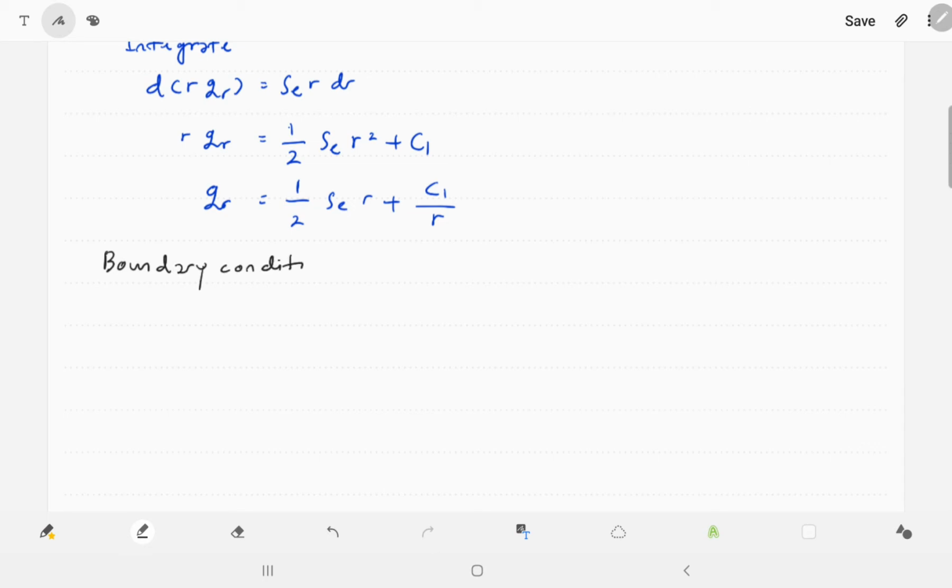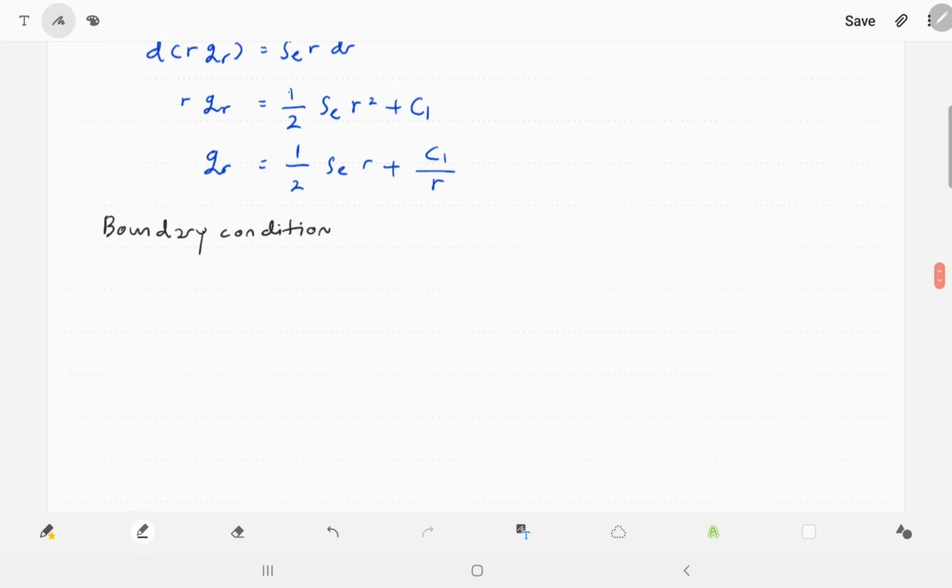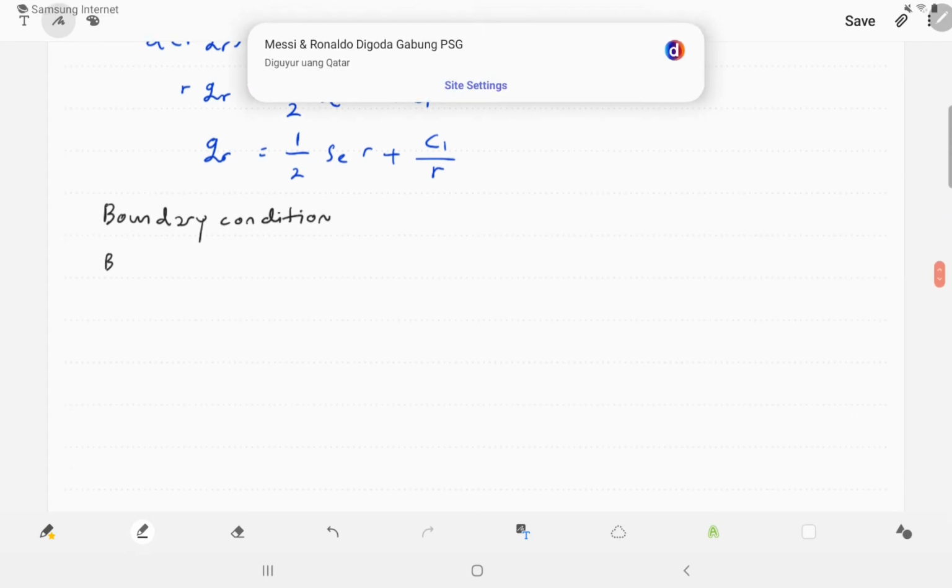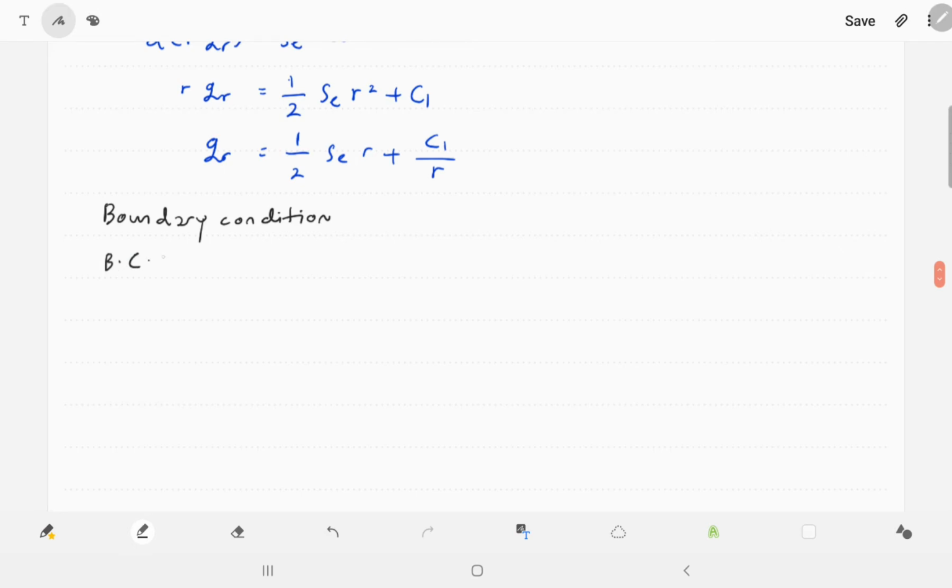So the first boundary condition will be BC1: at r equals 0, q_r is finite. That means it's not infinite.